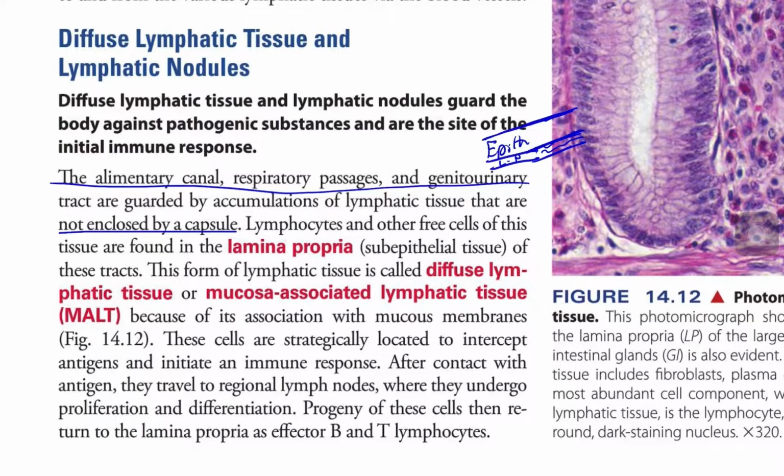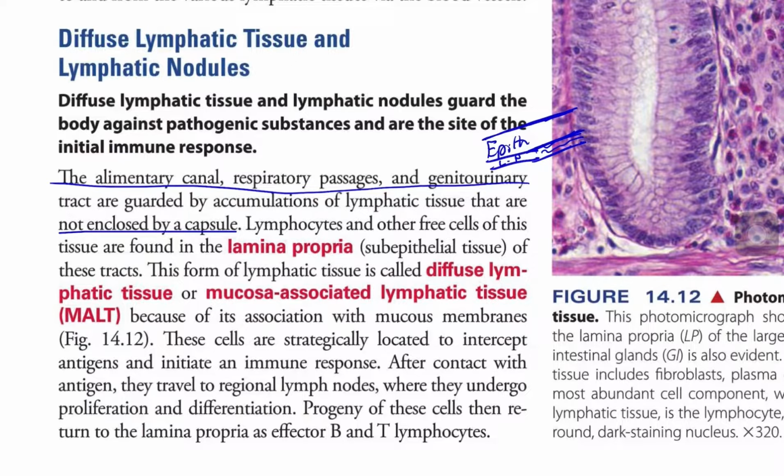They will go through the epithelial membranes, and when they reach the lamina propria, they will get in contact with those lymphatic cells, and then those cells will travel to regional lymph nodes where they undergo proliferation and differentiation.